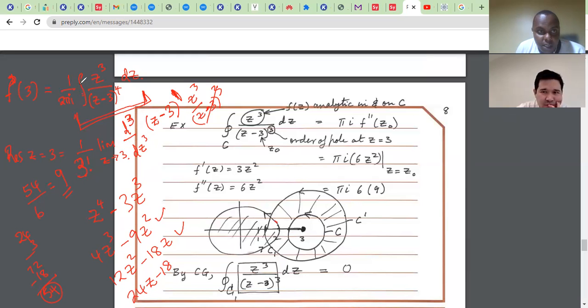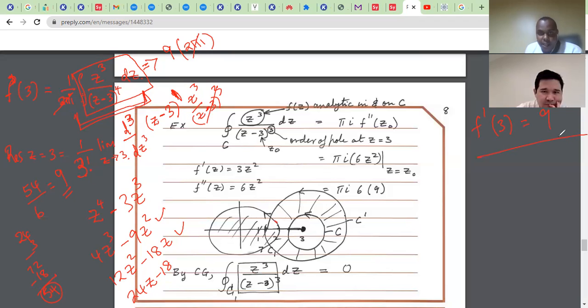So this integral will become 9 multiplied by 2 pi i, and then the 2 pi i's cancel out. So I get f, the first derivative at 3, is simply 9.